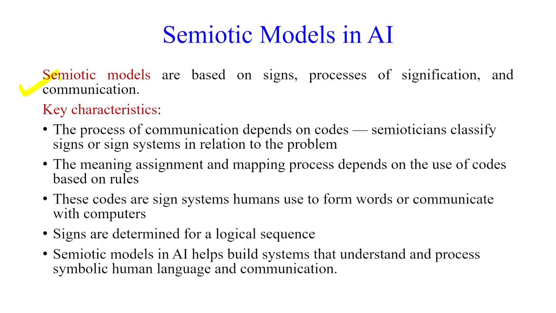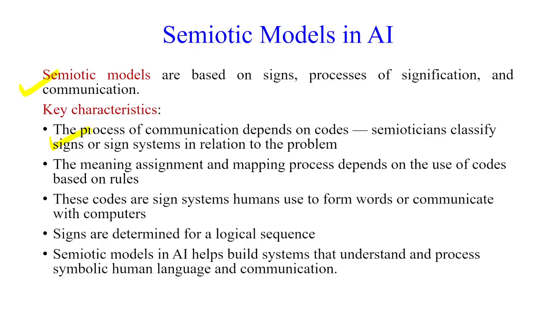So now let us look at the characteristics one by one. First one is the process of communication depends on codes. So semioticians, or people who study semiotics, classify signs or sign systems in relation to the problem being solved.